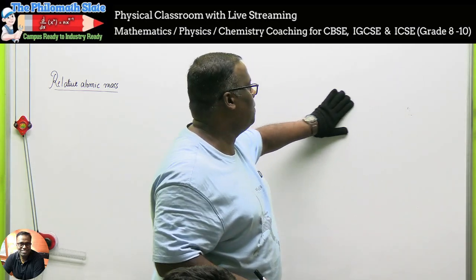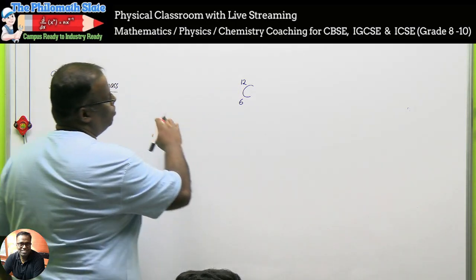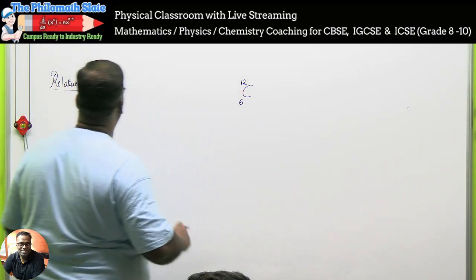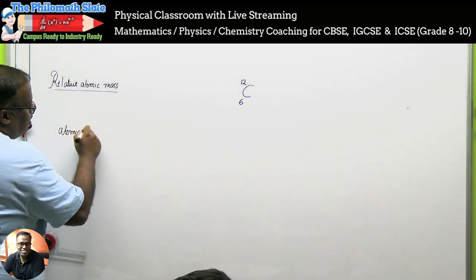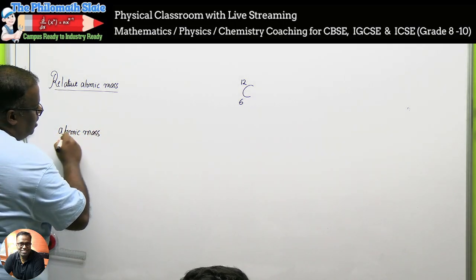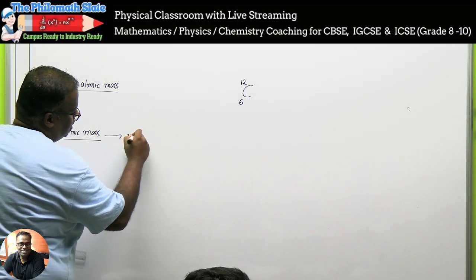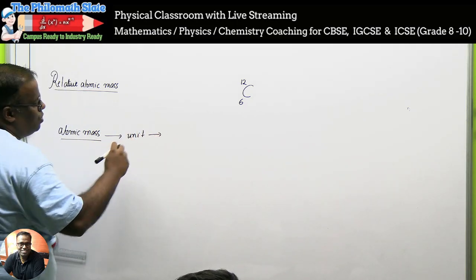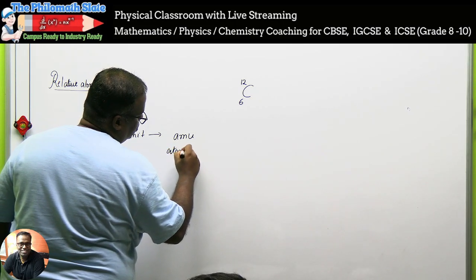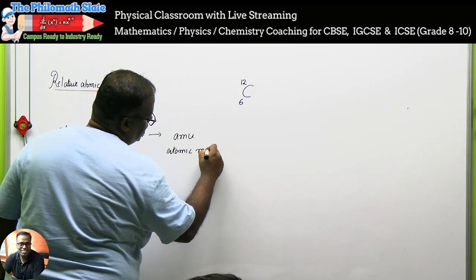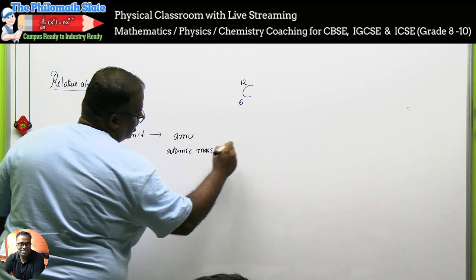So we will be comparing every element with that of carbon 12. Now, in order to measure atomic mass, we have given a new unit. This unit is known as AMU, atomic mass unit. ना ये ग्राम है, ना ये केजी है. ये एक unit है.